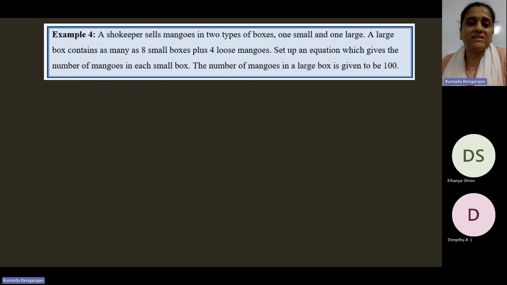A shopkeeper sells mangoes in 2 types of boxes, one small and one large. A large box contains as many as 8 small boxes plus 4 loose mangoes.